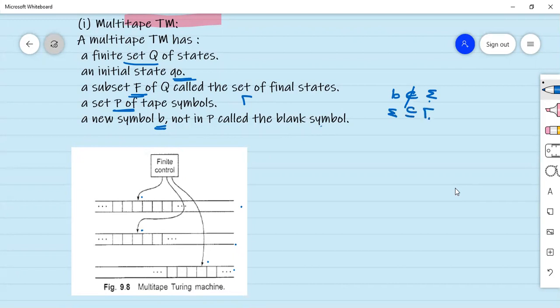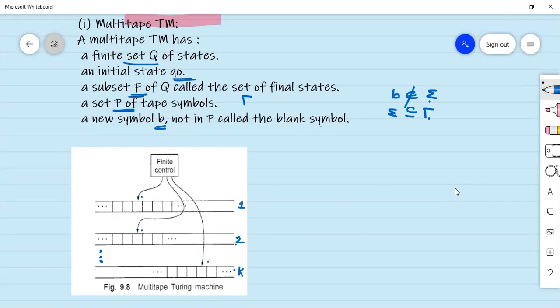All right. So this is the same definition we know already. Only thing is now we have three tapes. Here in this example we have shown three tapes. But if I put a dot dot here, any number of tapes, multiple tapes. So let us say we have k tapes. Let's call this tape one, tape two, etc. And let us call this tape k.